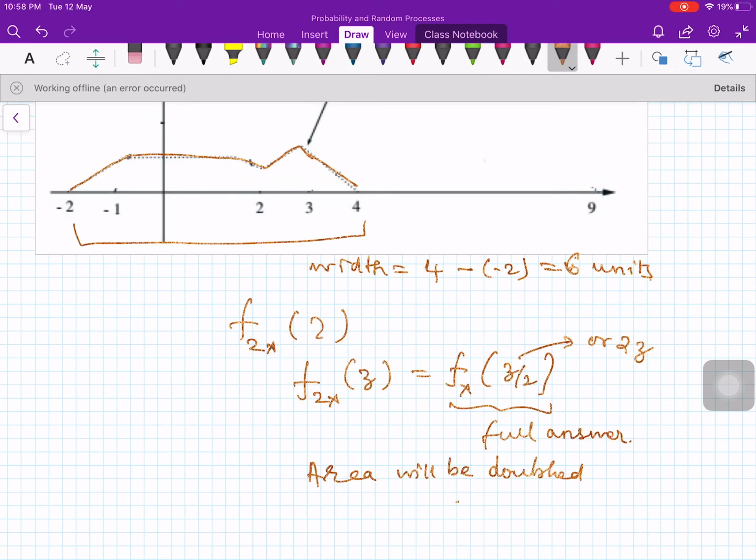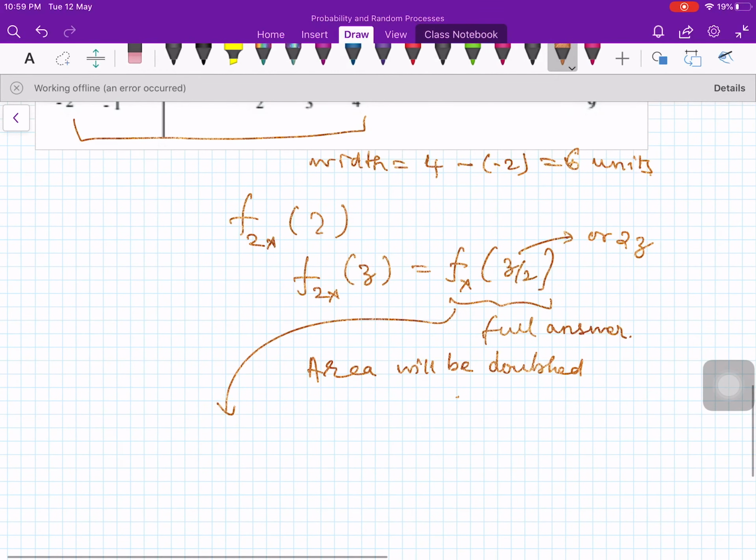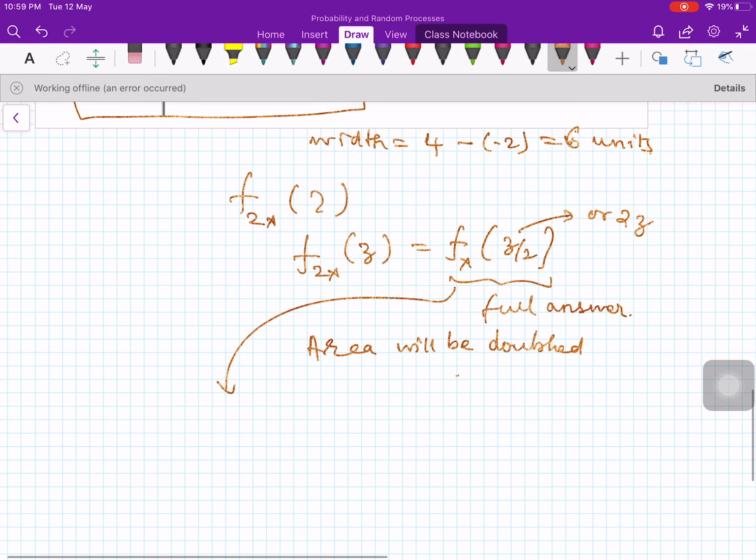So we need to do something else to make sure that the area under the curve stays at 1. We need to take this function and scale it down by a factor of 2. Therefore, 1 by 2 times fx of z by 2.